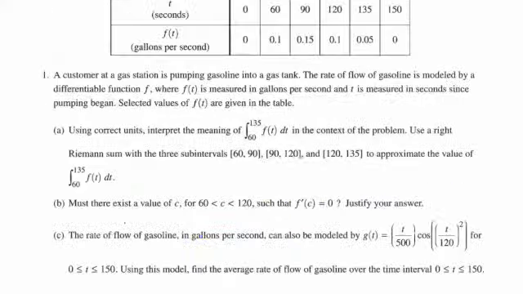Let's solve part B. Part B says, must there exist a value of c for 60 to 120 such that f prime of c equals 0? Justify your answer. So from 60 to 120, we want to find out if we connect 60 and 120.